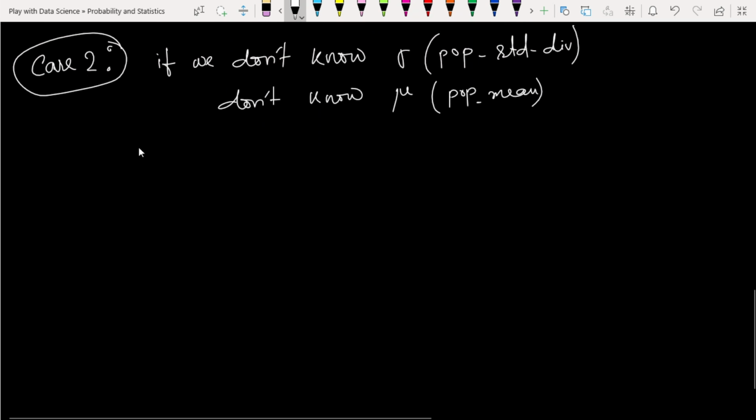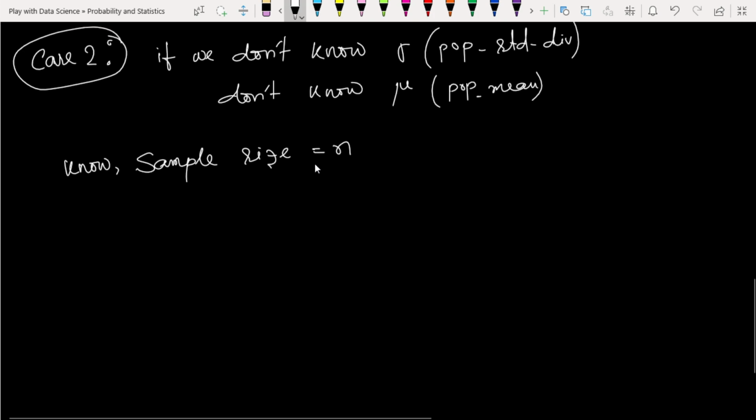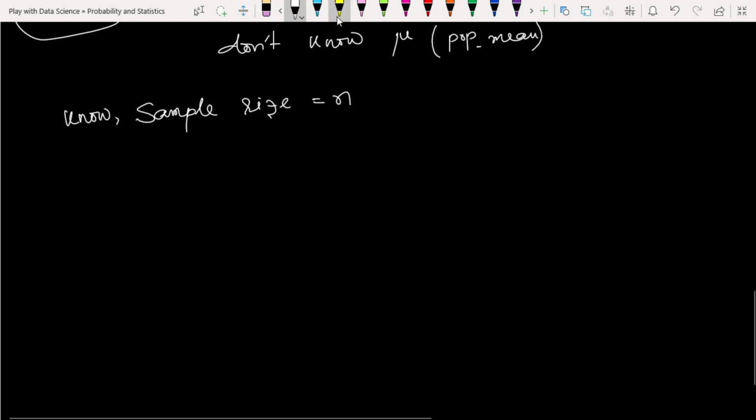We just know the sample size, let's take it as n. So in such cases, we will use the concept of the T distribution.